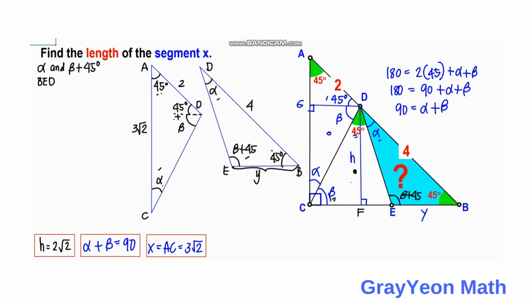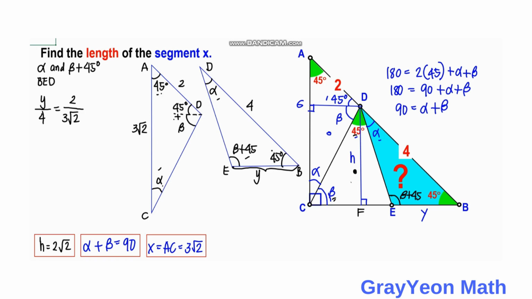For BED, the side opposite alpha is y, and the side opposite beta plus 45 is 4. It is equal to the ratio of these sides of the bigger triangle, ACD. Corresponding to y, which is opposite alpha, it is 2, and corresponding to 4, which is opposite beta plus 45, it is 3 square root of 2.